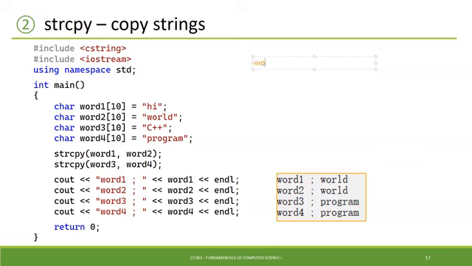I have word 1, I have word 2, W, O, R, D. Okay, and I have word 3, C, plus, and I have word 4, P, R, O, G, R, A, M, right? Okay. I create 4 strings, okay? 4 C strings, okay?